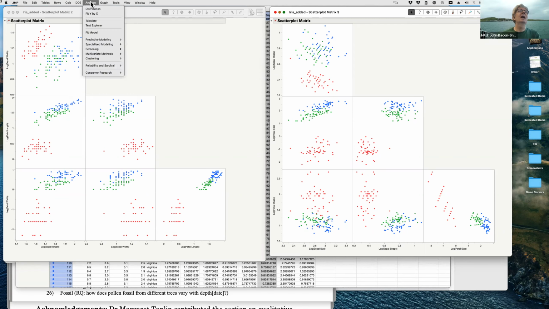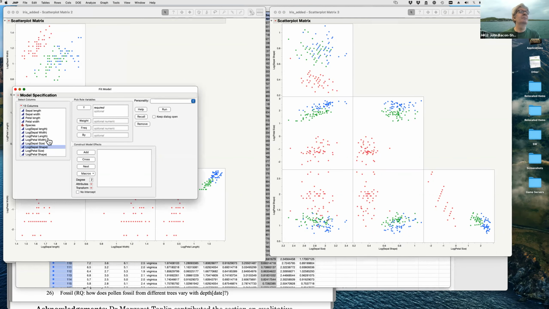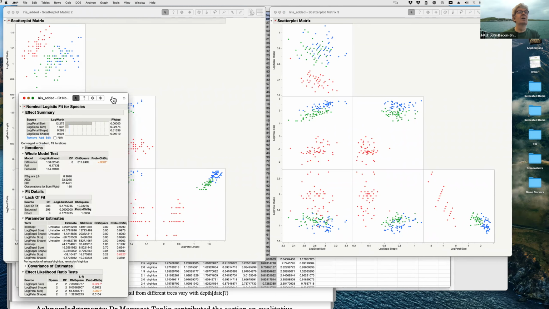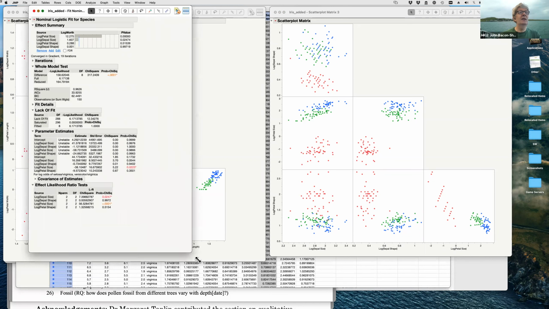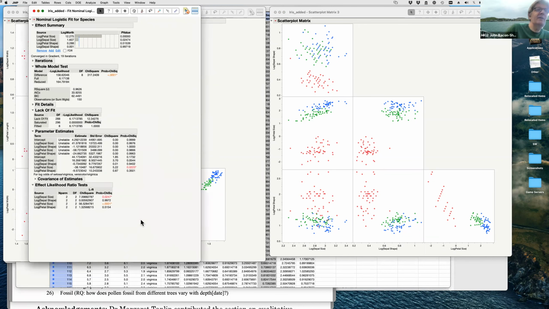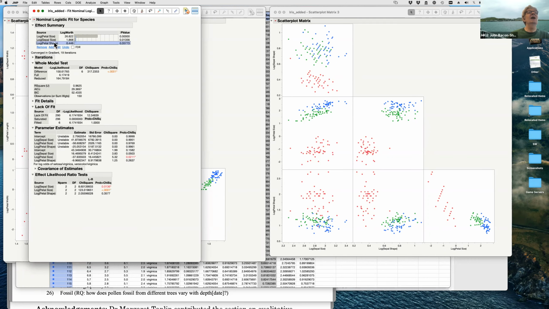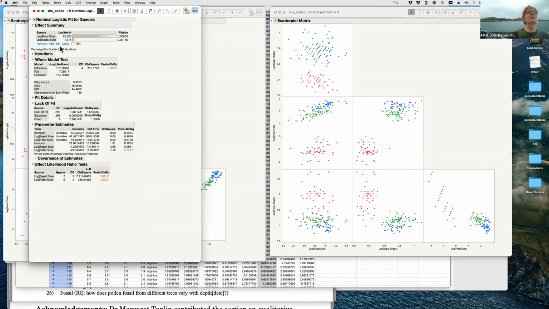Right, so let's try fitting my model one more time. This time I'm going to put size and shape in here, trying to predict species. You can see that it's the petal size that is the predominantly good way to distinguish between the species. So sepal shape has almost no value, I can remove that. And the petal shape has almost no value, I can remove that. So sepal size is a relatively weak predictor of species.